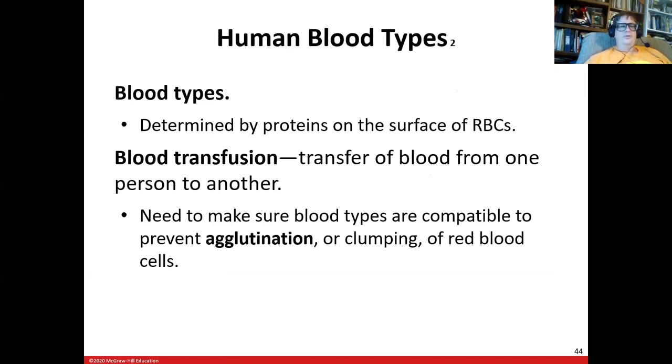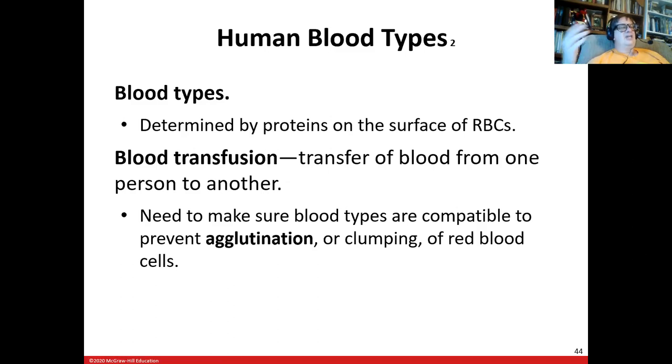Okay, so blood types are determined by proteins that are on the surface of the red blood cells. We call those proteins antigens. I want to throw in two terms here for you, antigen and antibody. An antibody is part of your body, and it fights things that might harm your body. For mnemonics, just remember an antibody is part of your body.